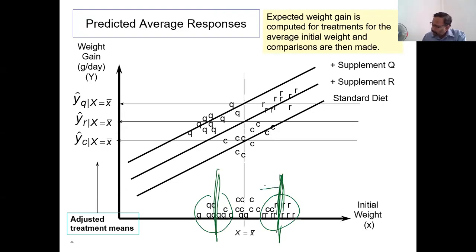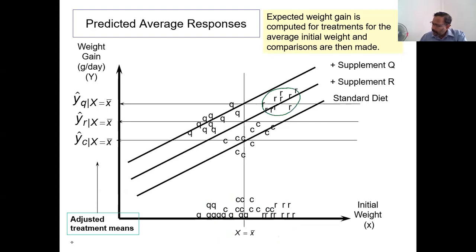So what we have done is we have shifted these two lines towards one direction, towards the middle one, which means we are adjusting according to the standard diet. So that is what we have done. Expected weight gain is computed for each treatment at the average initial weight, and the comparisons are then made. So you see here, we are adjusting the values.